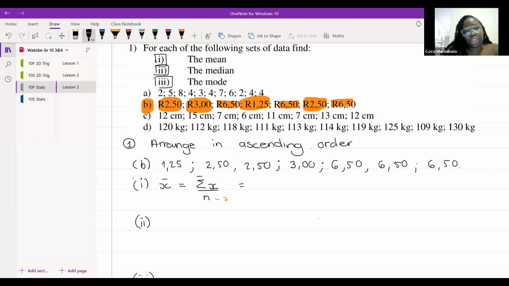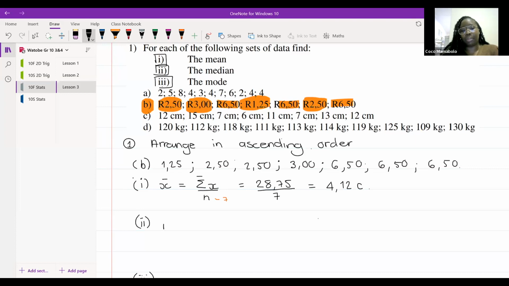Muhuliseni says we're going to get 28 Rand and 75 cents. Correct. So we're going to get 28 Rand and 75 cents divided by my 7 values. And what is my mean going to be? 4.12, correct. Right, excellent.